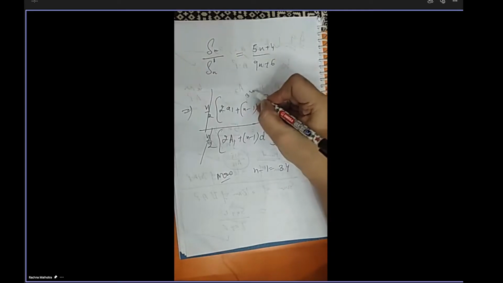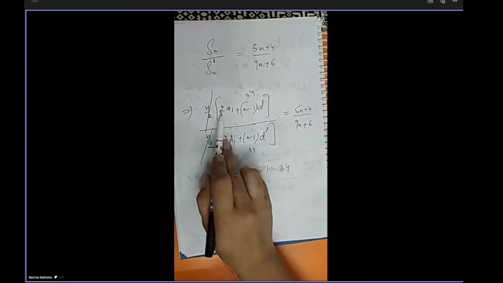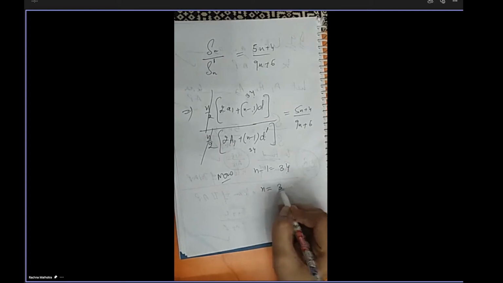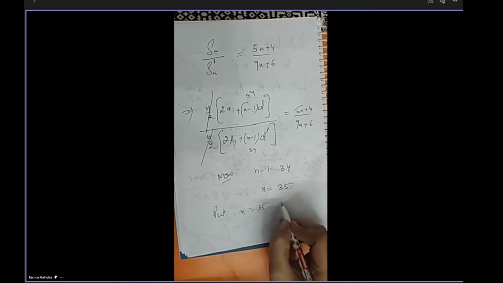If 34 is there here, and here also, we can take 2 common, giving a1 plus 17d, and a1 plus 17d. So this n minus 1 will be 34, which means n equals 35. So you can put n equals 35 on both sides.